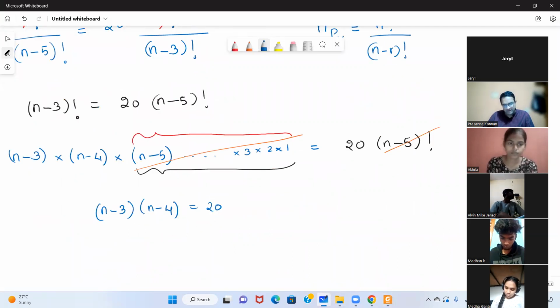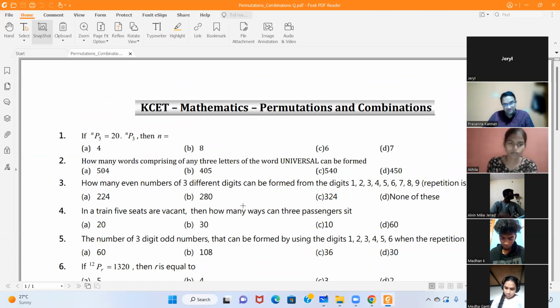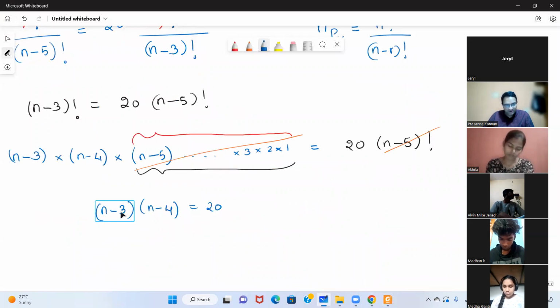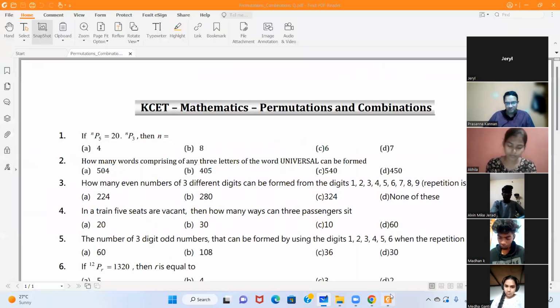Try 8. What is 8 minus 3? 5. 8 minus 4? 4. 5 into 4 is 20. Therefore, 8 satisfies the equation. Therefore, 8 is the right answer. Second option is correct.